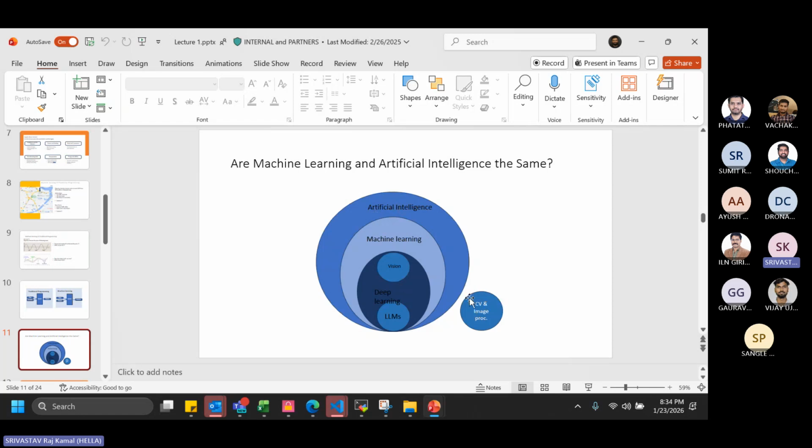Other than that, I have created a bracket, and again this is created by me, so I'm not sure somebody put it inside that, but that's my understanding. There's something also known as CV and image processing. I have kept it far because computer vision and image processing, when machine learning had not come into existence, was done via classical image processing written in C++.